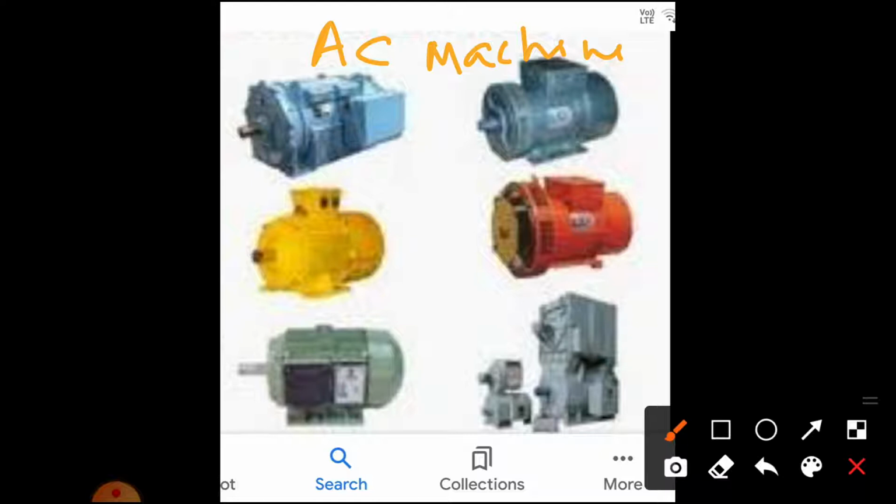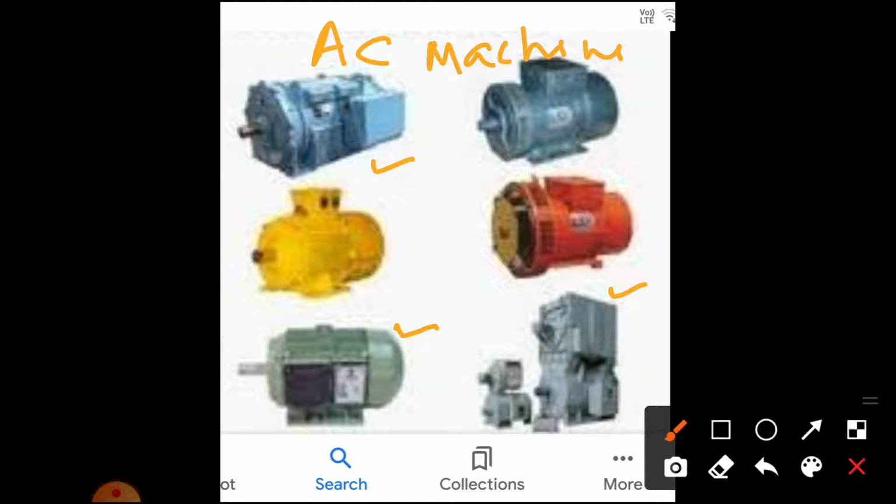This may be 1000 HP, this may be fractions of HP, and this may be hundreds of HP. Comparing to the DC, our AC machines are cheap, best and rugged. So they can be designed for various applications.